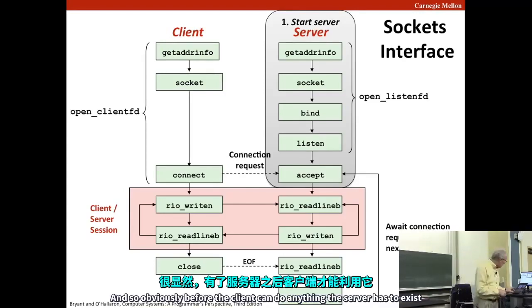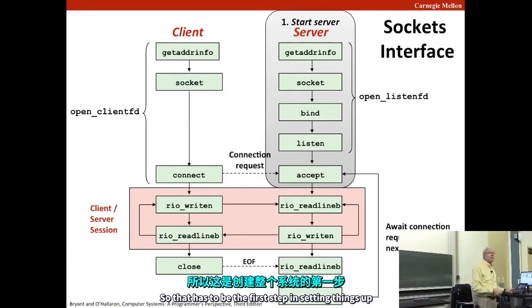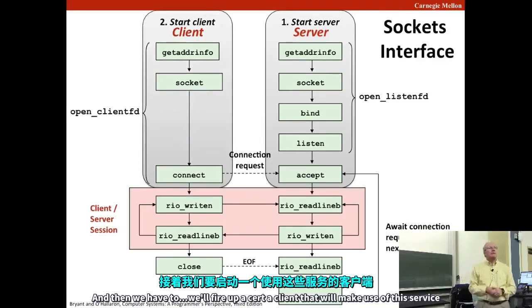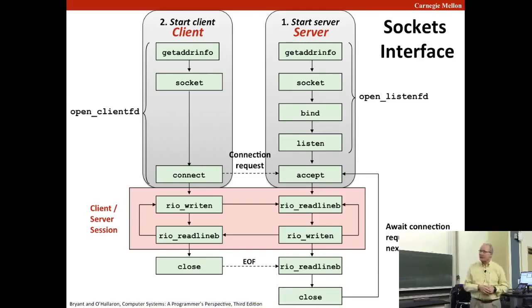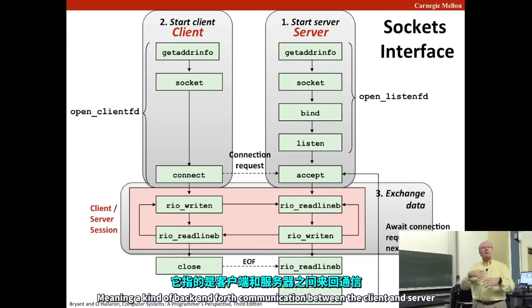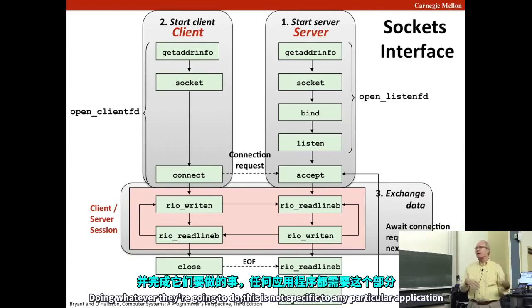Obviously, before the client can do anything, the server has to exist. So that has to be the first step in setting things up. And then we'll fire up a client that will make use of this service. And then there'll be what's referred to as a session, meaning a kind of back and forth communication between the client and server doing whatever they're going to do.